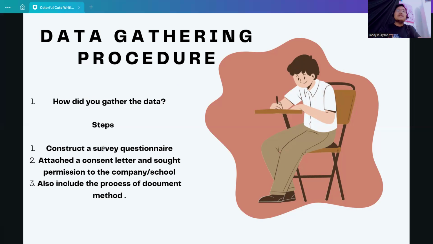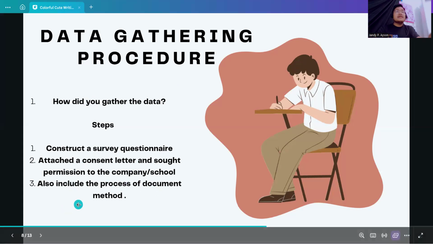Again, consent letter if alam nyong puro adults na yung magiging respondents ninyo. Consent letter and parental consent kapag alam nyong may minors sa magiging respondents ninyo. And then number three, also include the process of document method kasi gumamit din kayo ng documents para maging basis ng study ninyo. So this is an example.